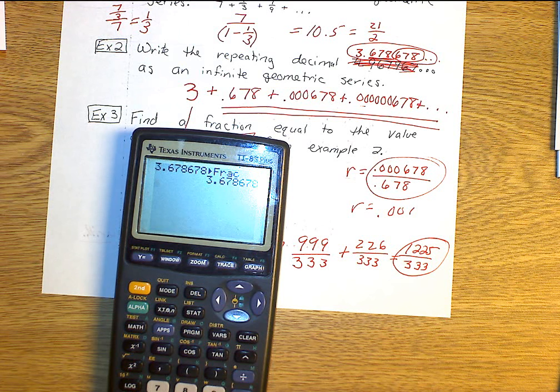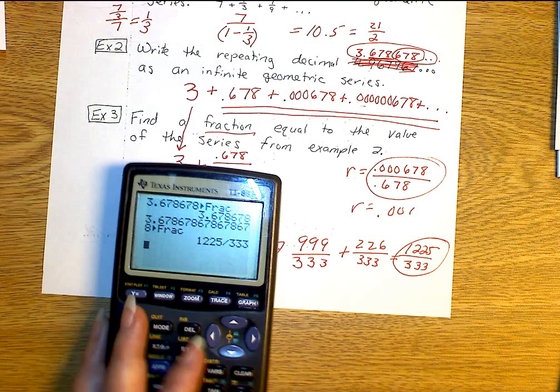It doesn't have enough information. However, if I go 3.678, what is my next 3 numbers? 678, my next one, and my next one. Math fraction, it will give me the answer. However, you have to give it more information than what you were given, so you do have to do it out when you do it.